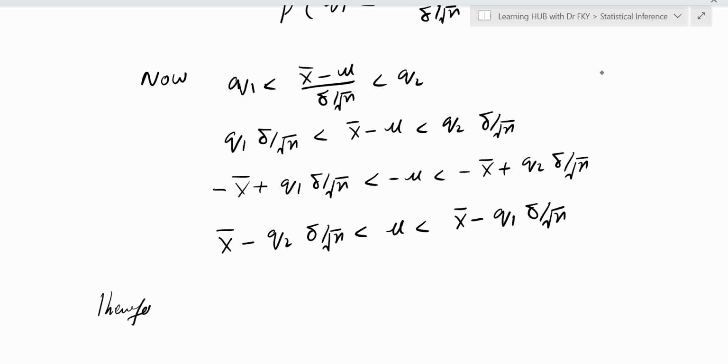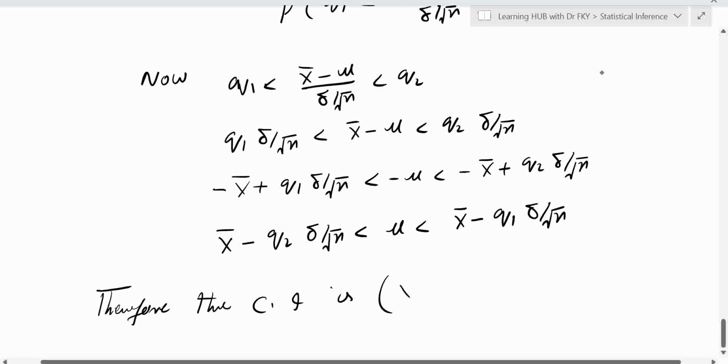Therefore, the confidence interval is given by the lower limit and the upper limit.